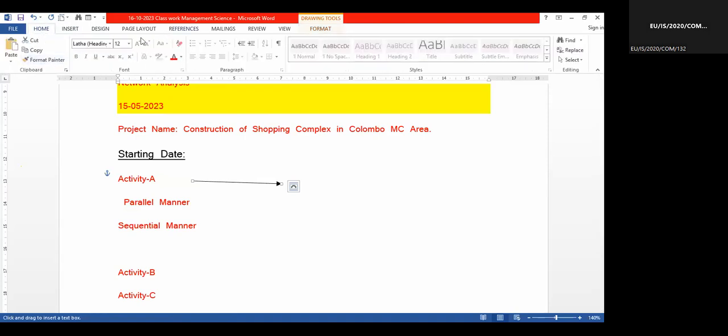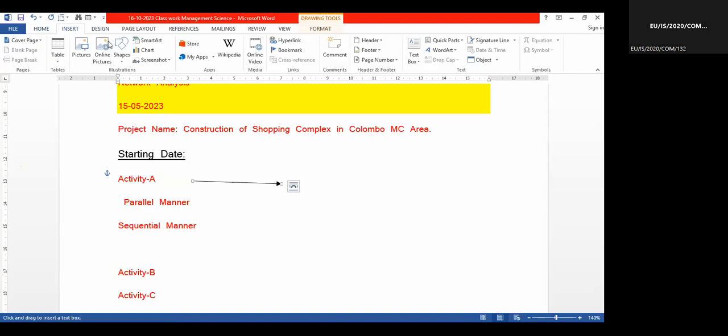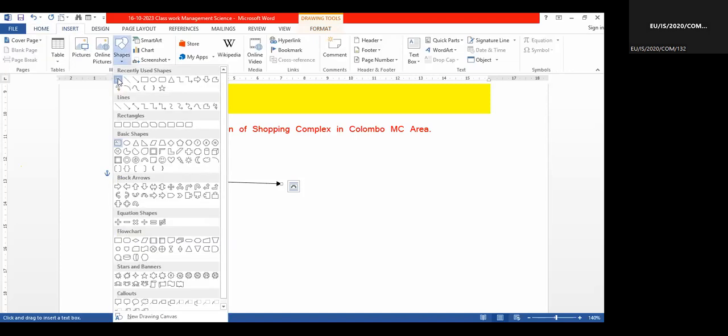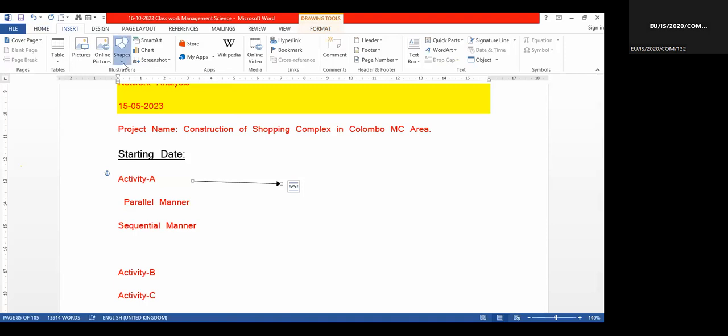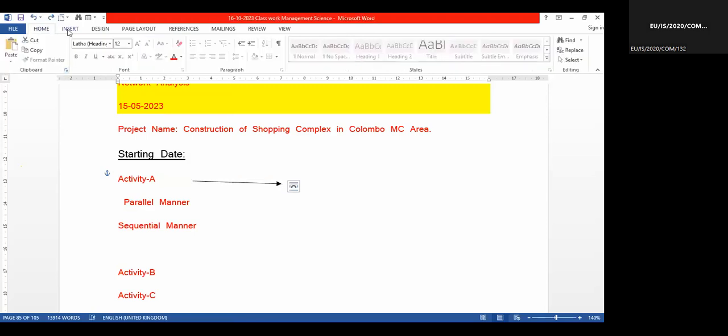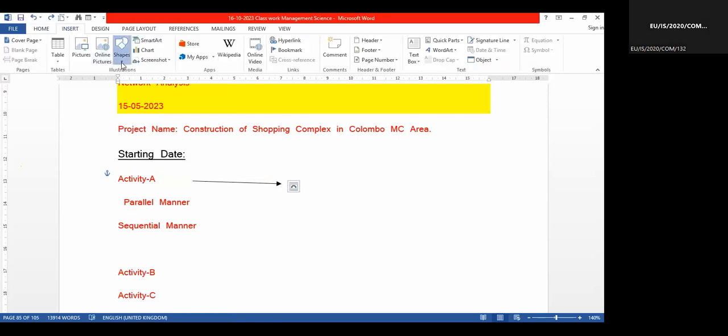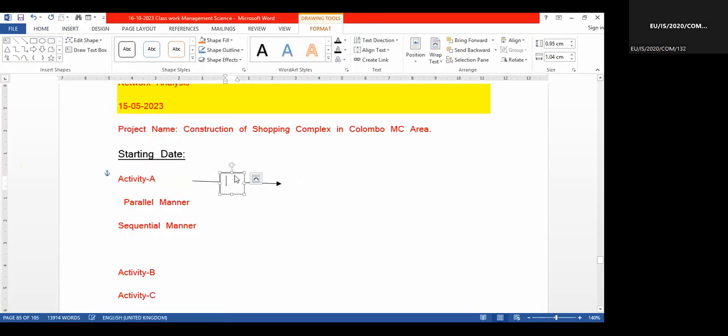Alphabets are used to denote the activities. If it is activity A, the naming convention or tradition is like this.